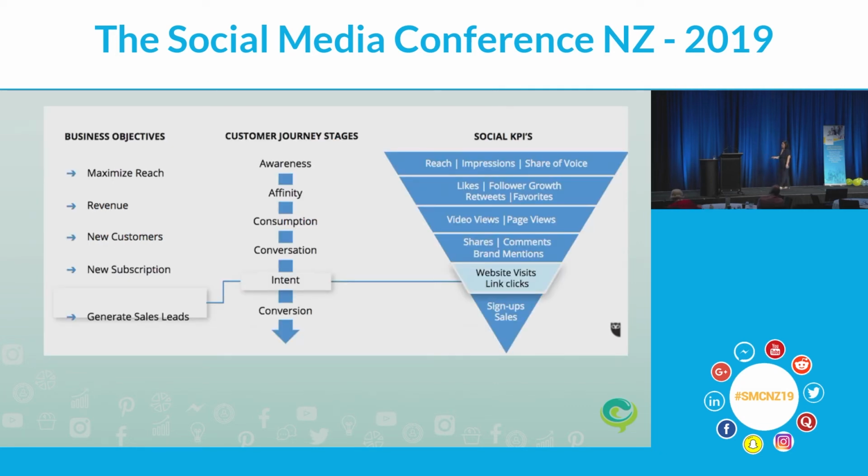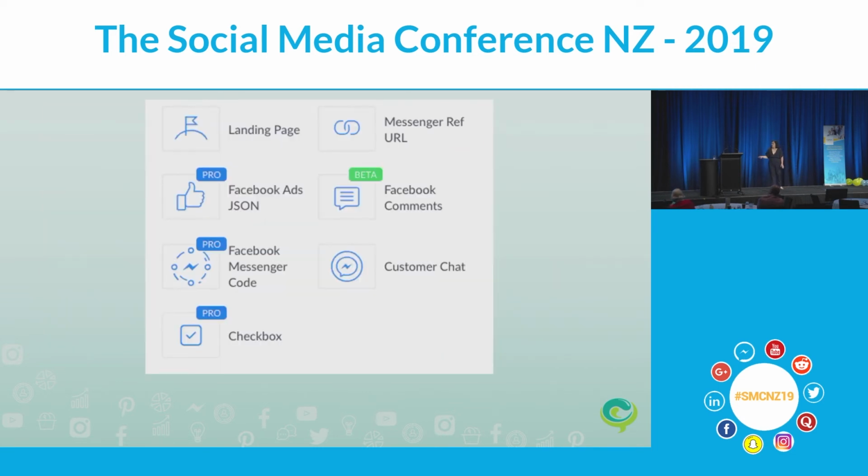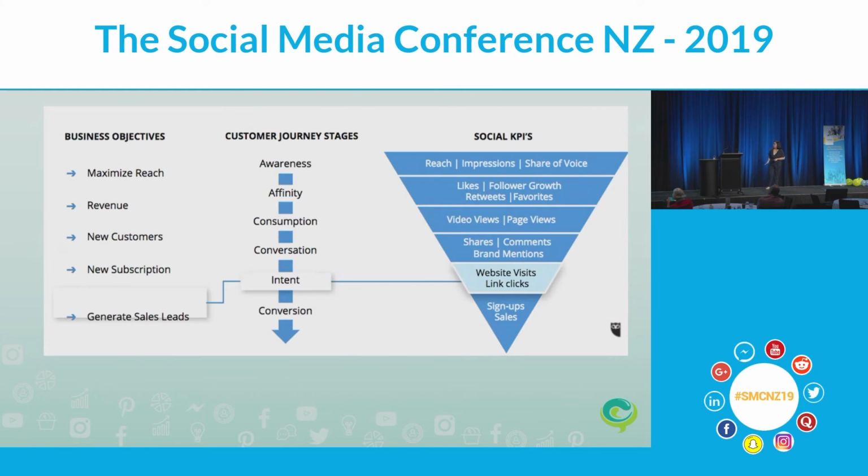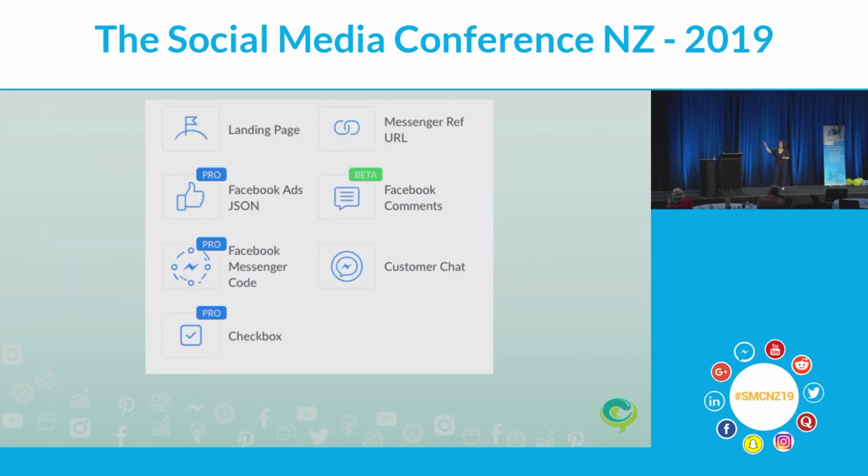I'm going to skip this, but this is where Kat was talking about affinity and so on. I know Donna is very familiar with this because this is a ManyChat thing. For those who don't know, the reason I'm showing this is because in terms of marketing, these little features in ManyChat, as an example, are based on the customer journey, right? So just go here. Facebook ads, obviously marketing.